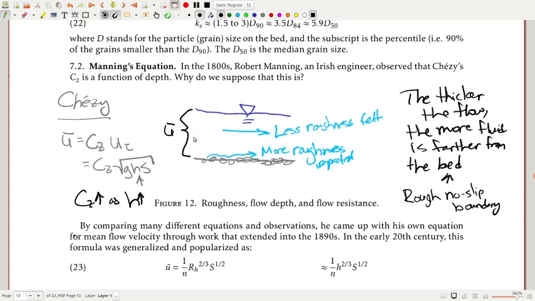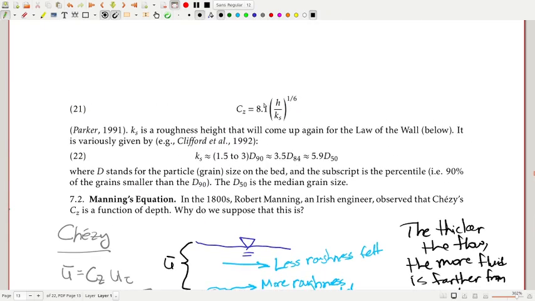And as a matter of fact, if I scroll up and remind us that indeed Gary Parker found this weak relationship to the power of the 1/6 between this flow depth and the Chazy coefficient. So indeed, that is the case.